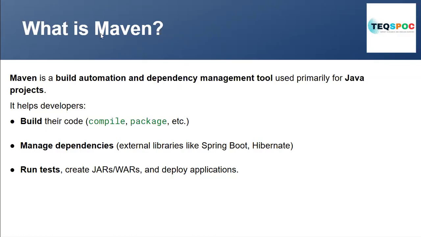It helps the developer build their code, compile and package, and we do not have to manually manage the dependencies. Maven will manage external libraries like Spring Boot and Hibernate. We add the dependencies, run the tests, create the jar and war file, and deploy your application with the help of Maven.